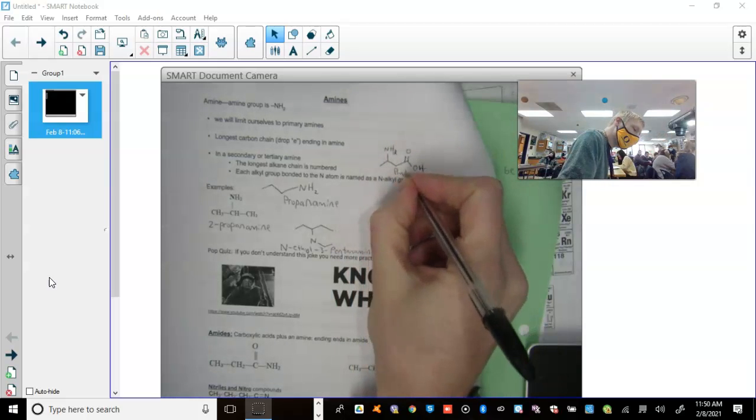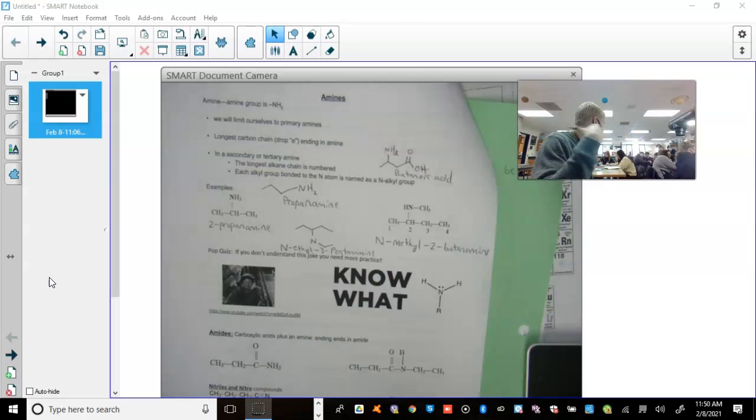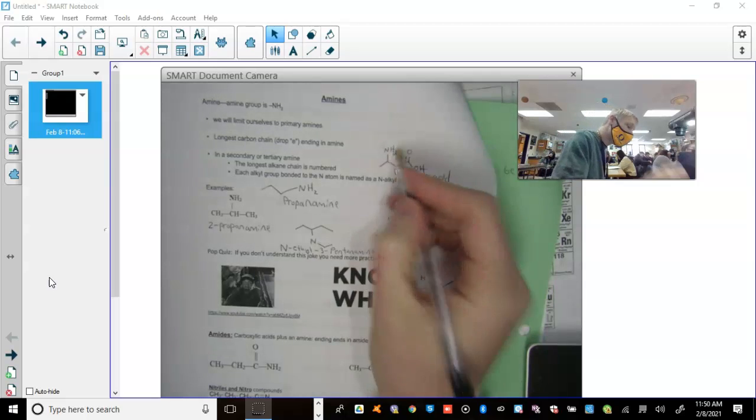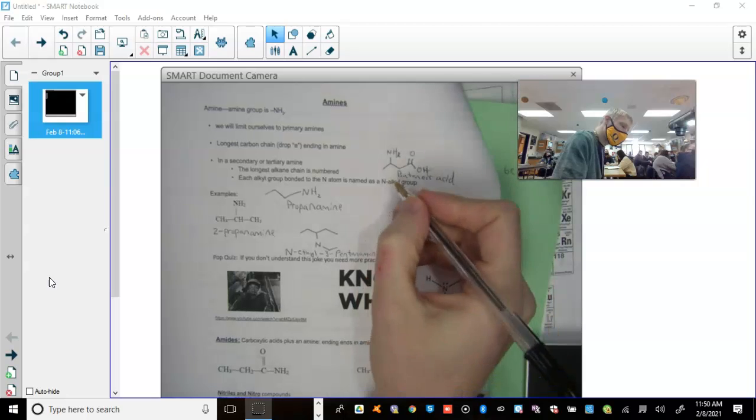So that's the ending part, butanoic acid. So carboxylic acid kind of trumps the amine in this, and we're playing our organic euchre.